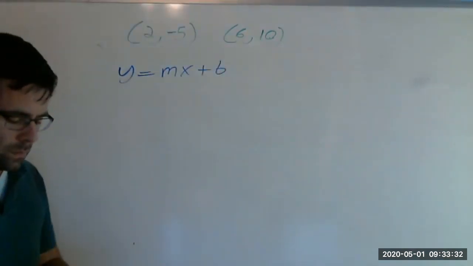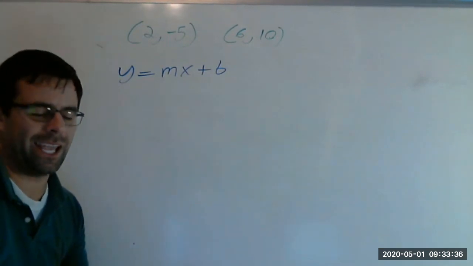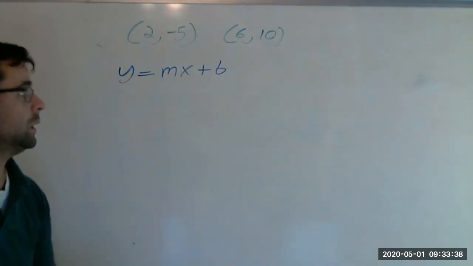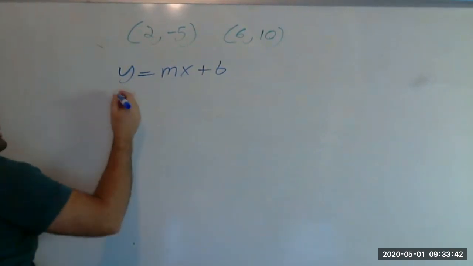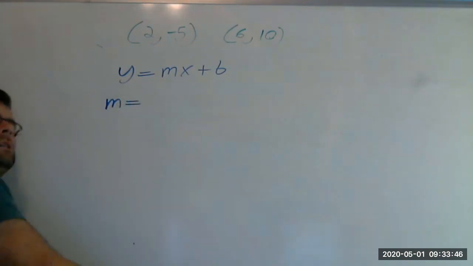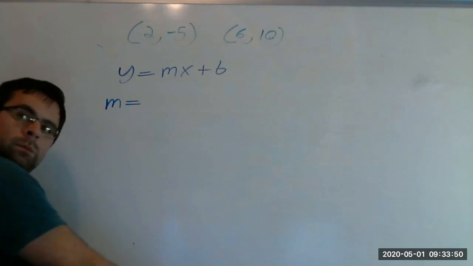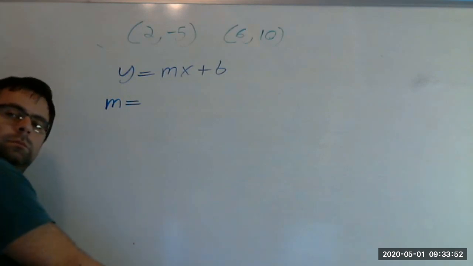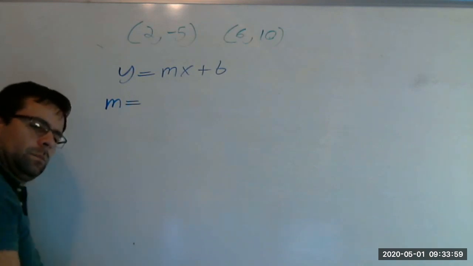All right. So what we need to find is M and B. You're given 2 points like this. It's usually best to start with M. How do you find M? What is M?